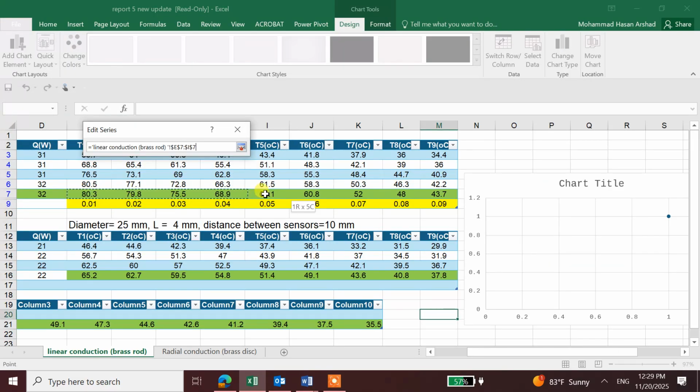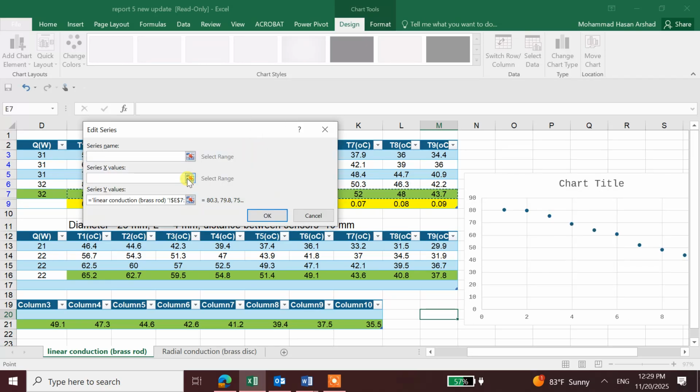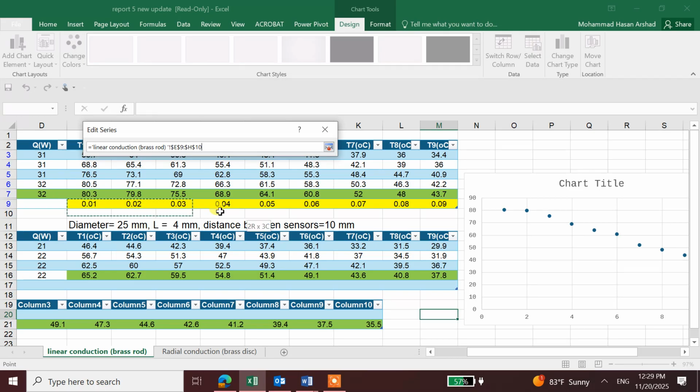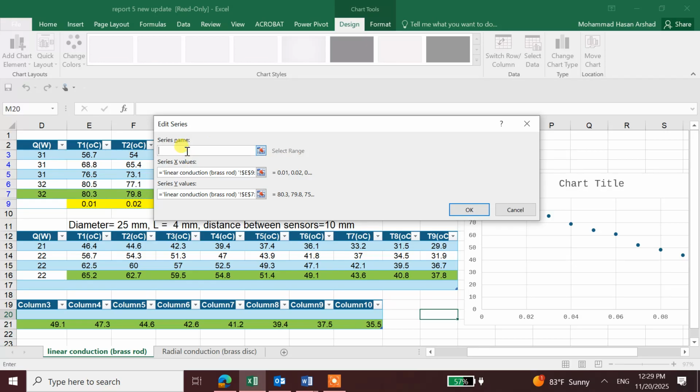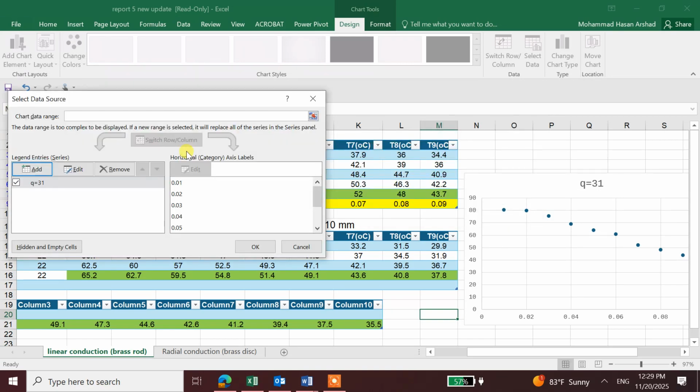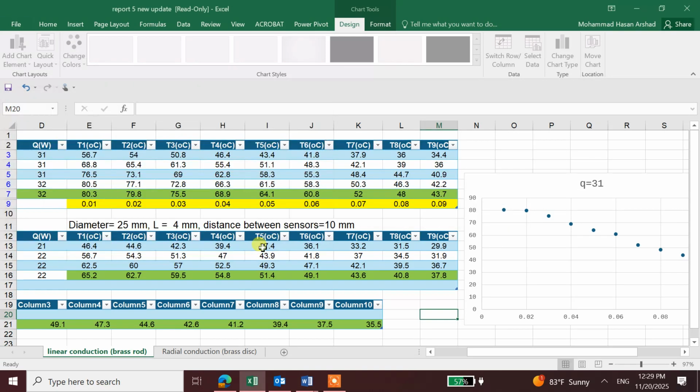So this is the steady state profile. The x value is this, and this is at Q equal to 31.